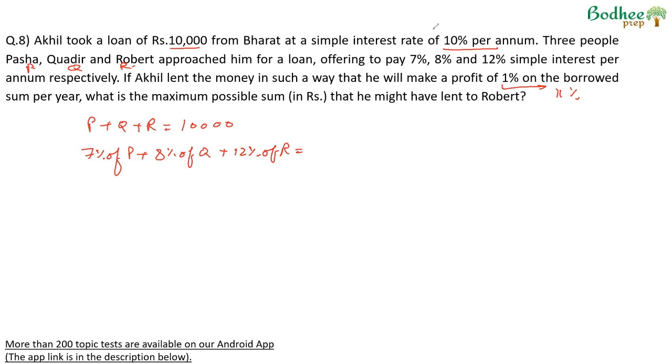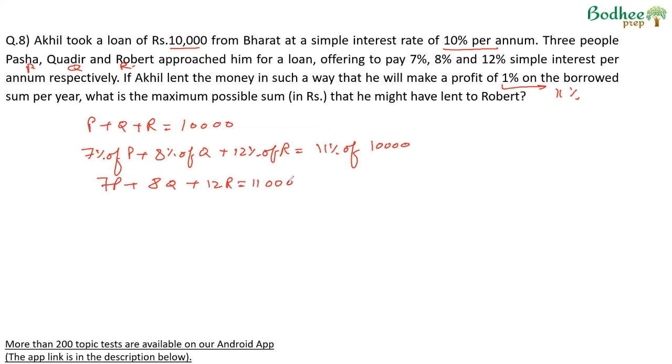Mr. Akhil has to pay 10%, has a profit of 1%. So he will get net 11% of 10,000. Now in the second equation, cancelling percents, we get 7p plus 8q plus 12r is equal to 11,000. Actually not 11,000, but 1,10,000.